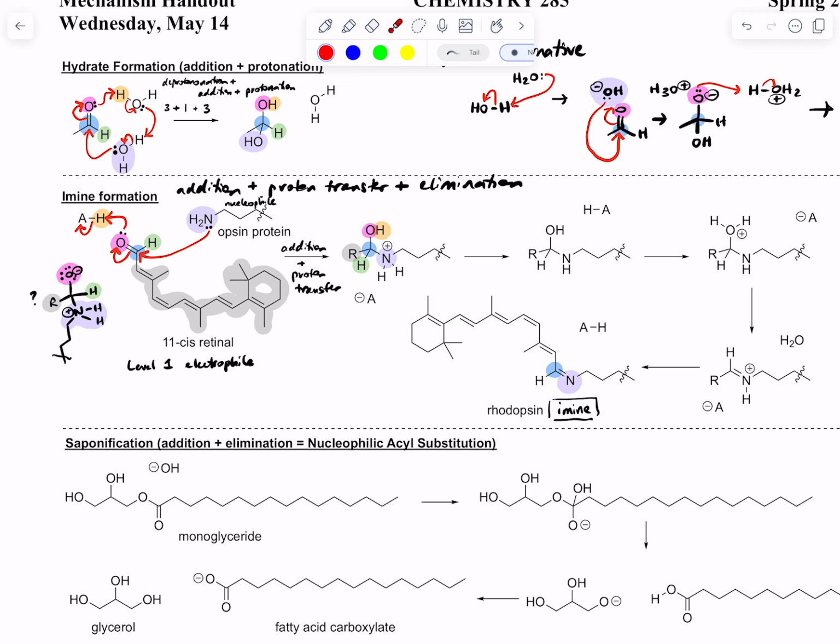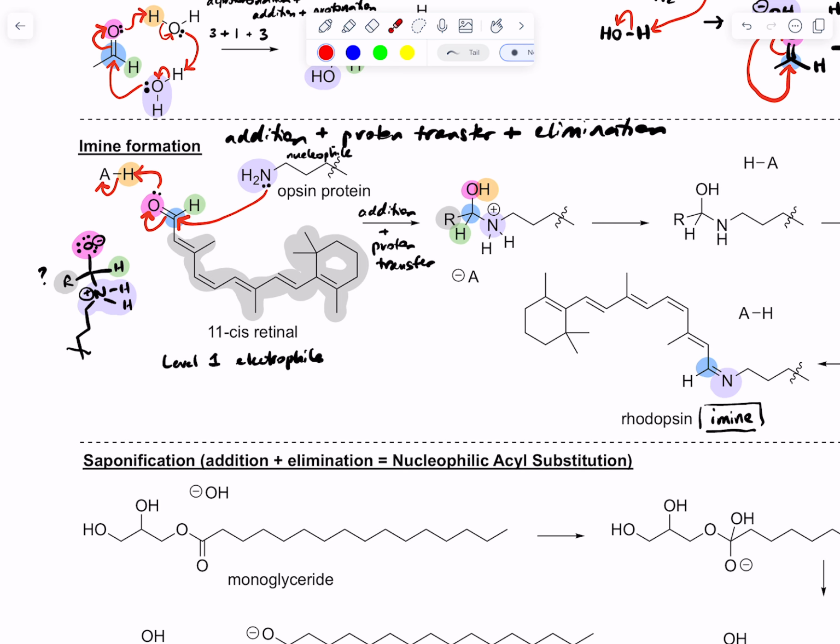I wouldn't have expected you to guess, well, you could have definitely guessed nucleophile attacks carbonyl carbon. I wouldn't necessarily have expected you to guess that the oxygen has to be protonated. But if I told you that it was, could you draw the arrows that get it there? All right, other questions?